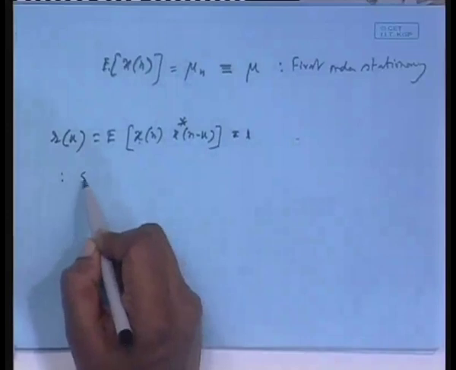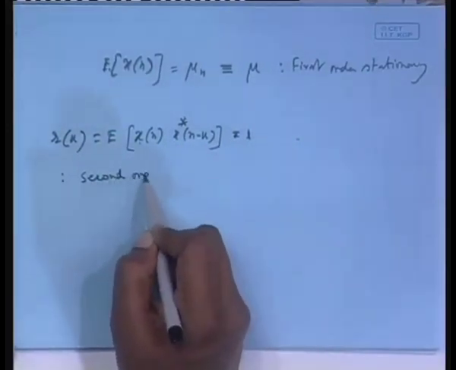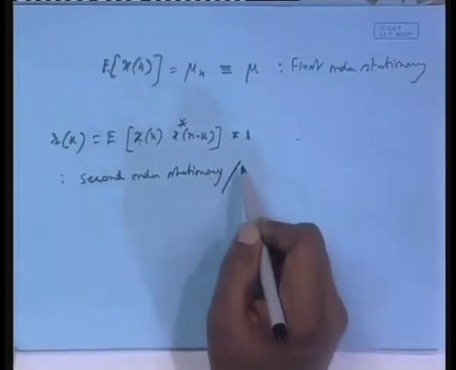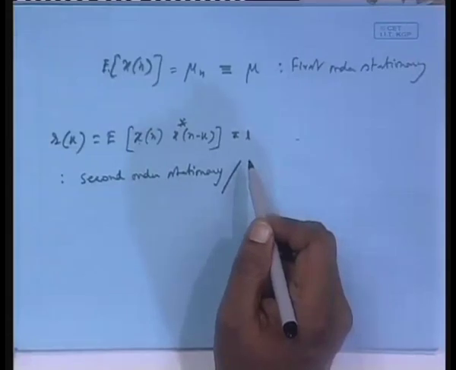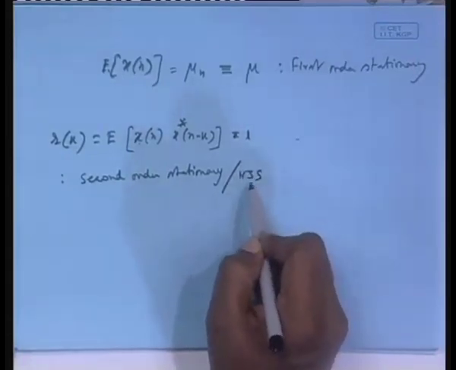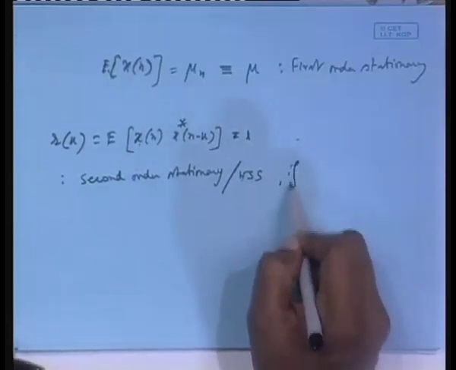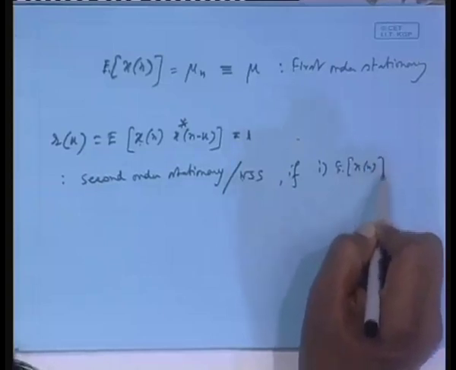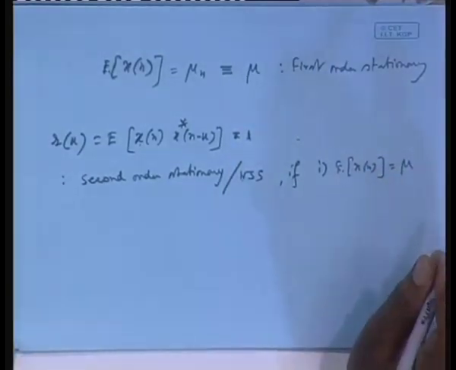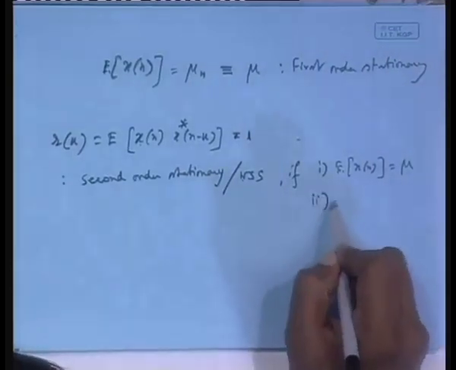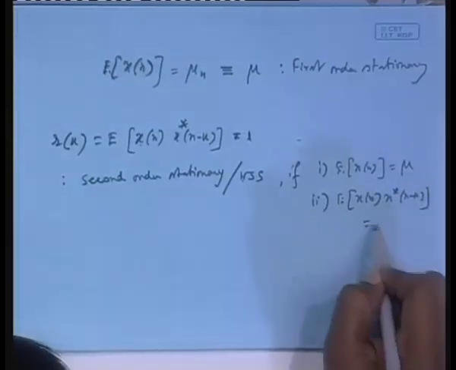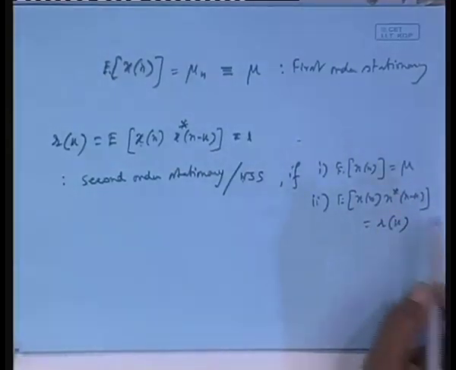So, second order stationary, or we call it wide sense stationary, WSS, if both the things are satisfied: E of x n is just mu, independent of n, the stationarity in first order, and the correlation E of x n x star n minus k is only a function of the lag k. The gap k is called lag, LAG, the lag variable.